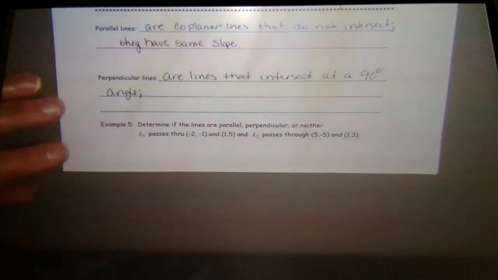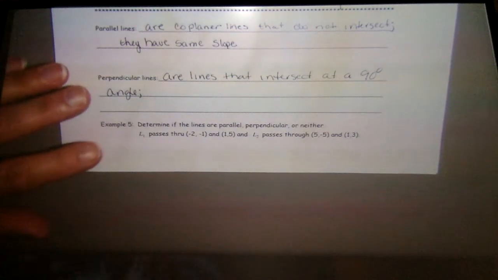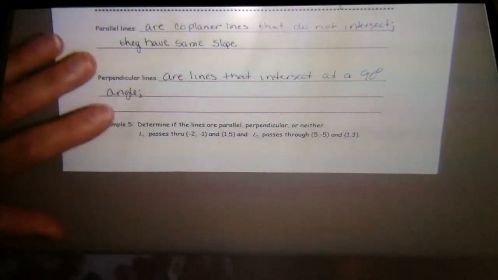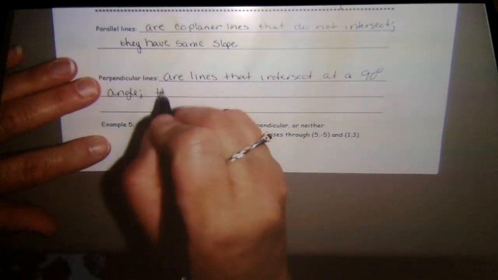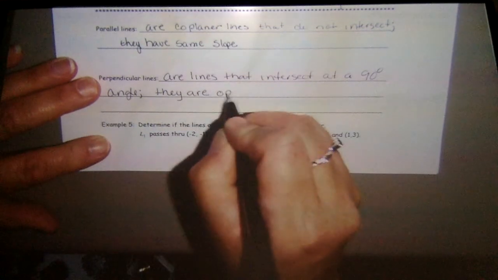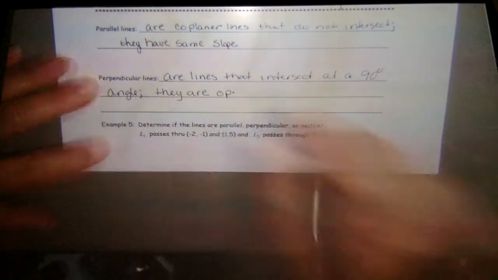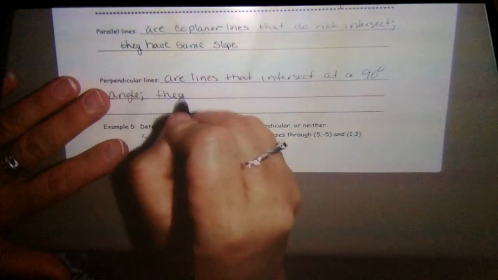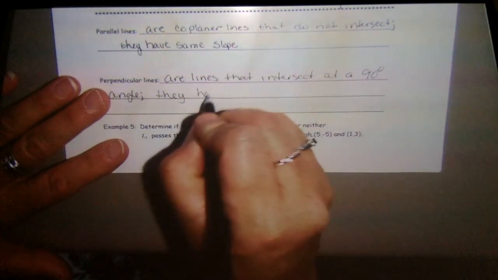What do you know about their slopes? They're opposite. What else, besides opposite? You've got to say what's opposite. They have slopes that are what?